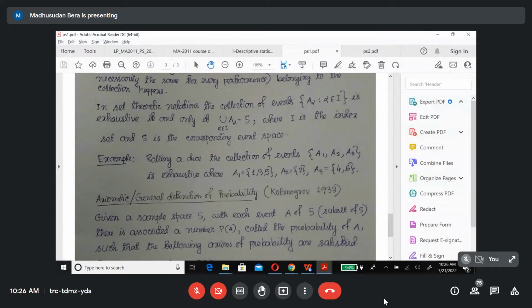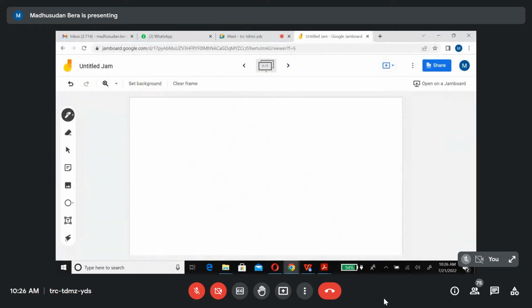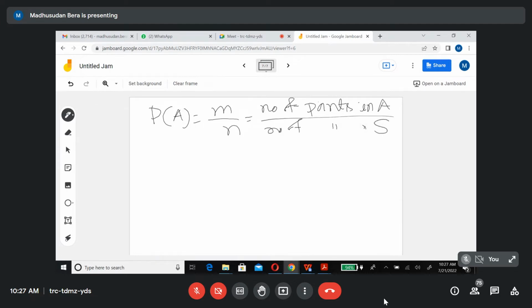Okay, is this example clear? Yes, sir. Now in the classical definition, again I am going back to the definition. The classical definition was P of A is M by N, where M is the number of points in A divided by the number of points in S. In that case we are already assuming S contains a finite number of elements, like 1 lakh, 1 crore, 5,000 that way.